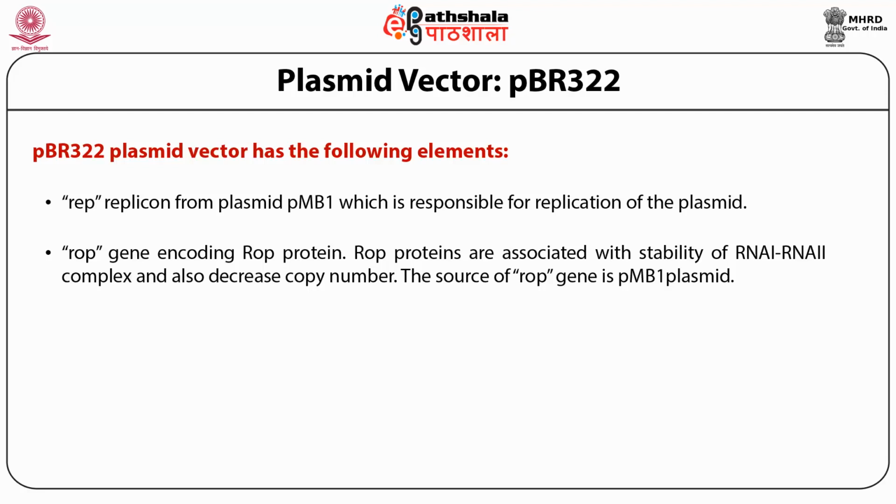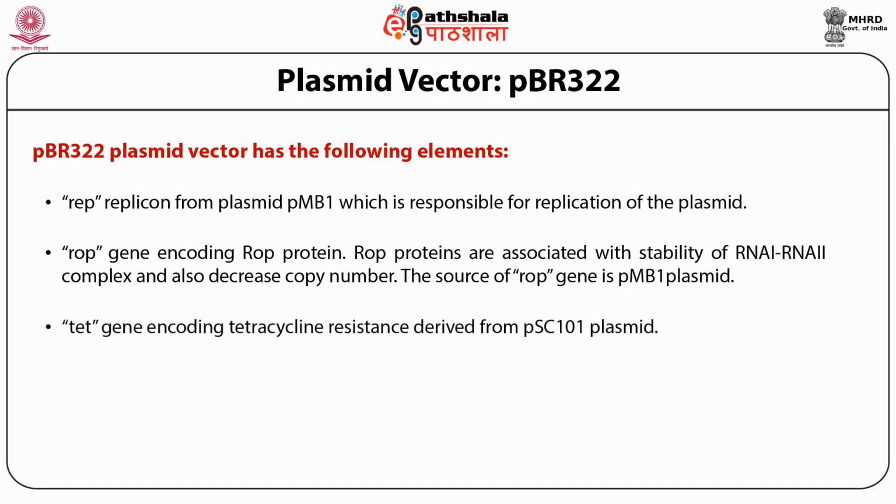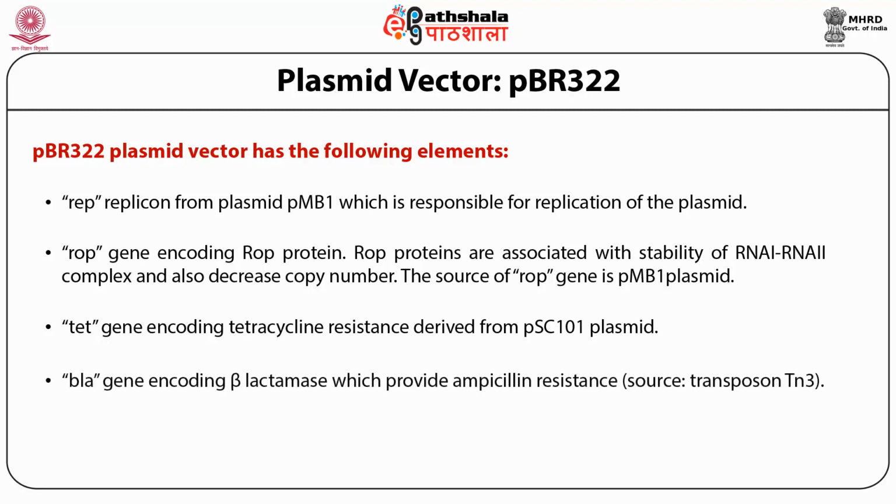The source of the rop gene is the pMB1 plasmid. The tetracycline gene, that is the tet gene encoding tetracycline resistance, is derived from plasmid pSC101. The bla gene encodes beta-lactamase, which provides ampicillin resistance. Its source was transposon Tn3.